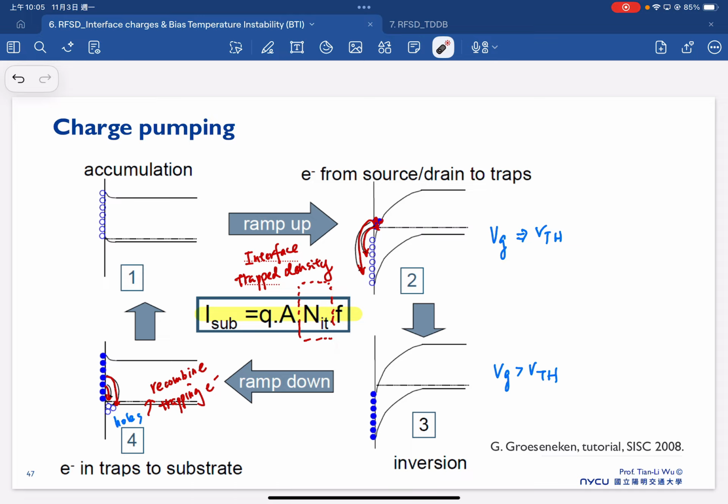This kind of frequency dependency is the same as the one we saw in the previous conductance method, where our interface density is always related to frequency. So by sensing the substrate current, we are able to estimate the interface trap density.